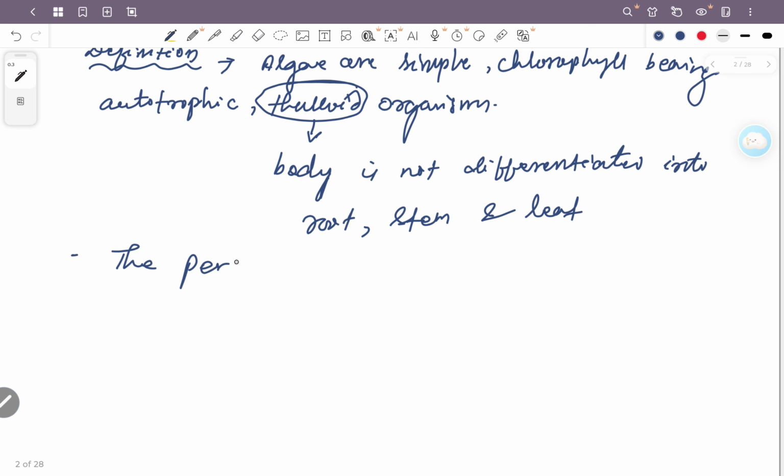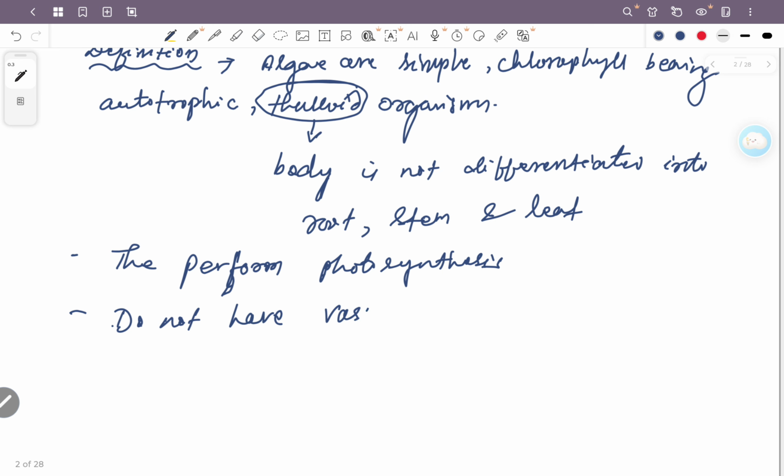They perform photosynthesis, so they are autotrophic and prepare their own food, and they do not have true root, true stem and leaves, and they do not have vascular tissue.